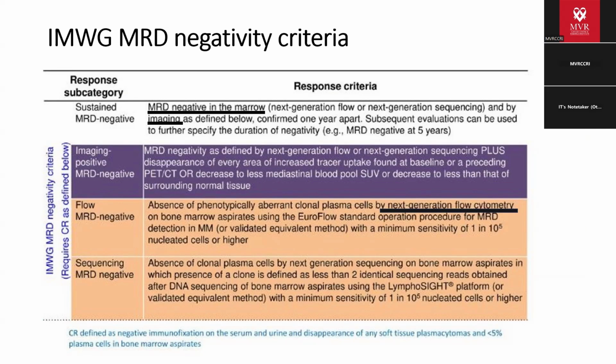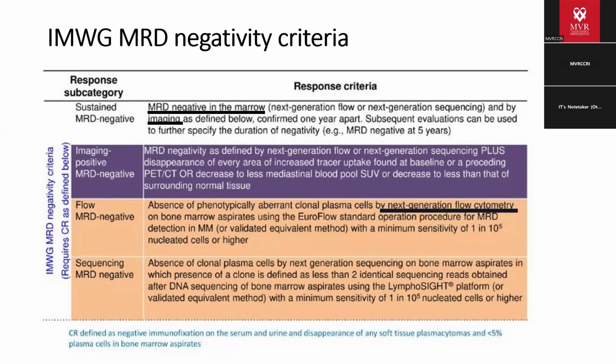I'll be talking about sequencing MRD in the last part of the slides. In flow cytometry, what we say is the absence of aberrant clonal plasma cells by next generation flow cytometry. It is not the routine flow cytometry that labs do; it is the next generation flow cytometry assessment of the absence of clonal plasma cells.